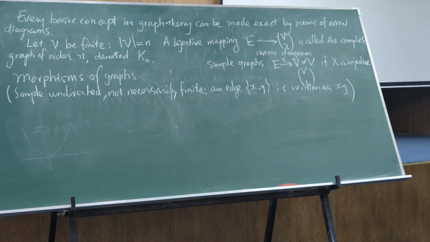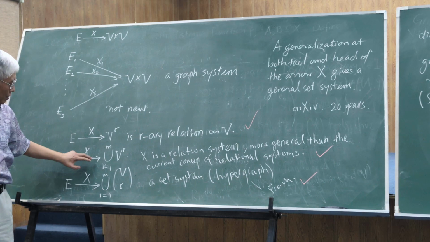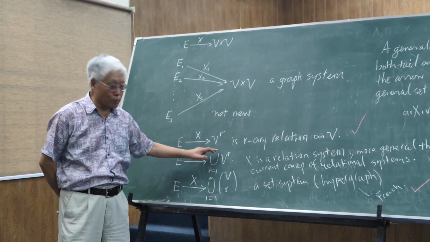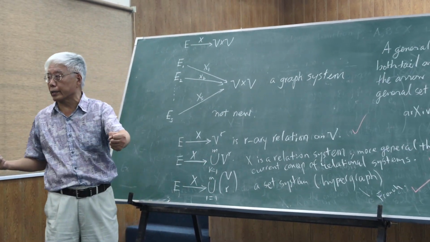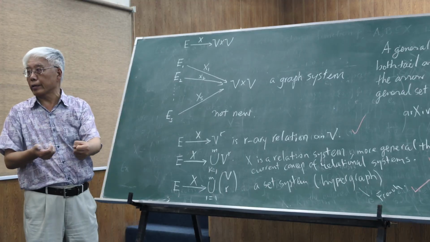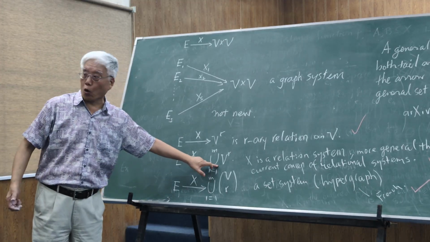R-ary means each element is an ordered R-tuple. This is the R-ary relations, because it's the R-fold Cartesian product of D. And if you take R going from 1 to n, you have all the arrays from 1 to n. So this is an ordered system.